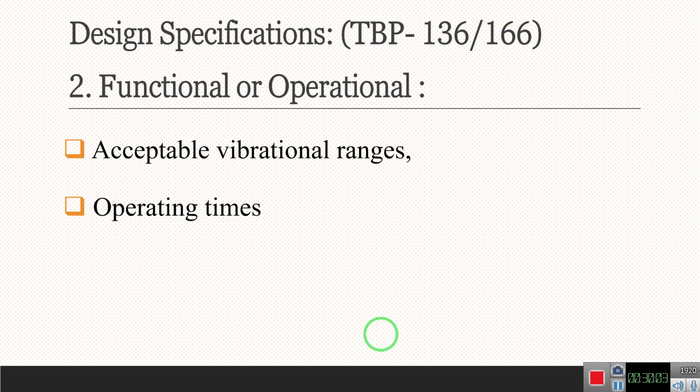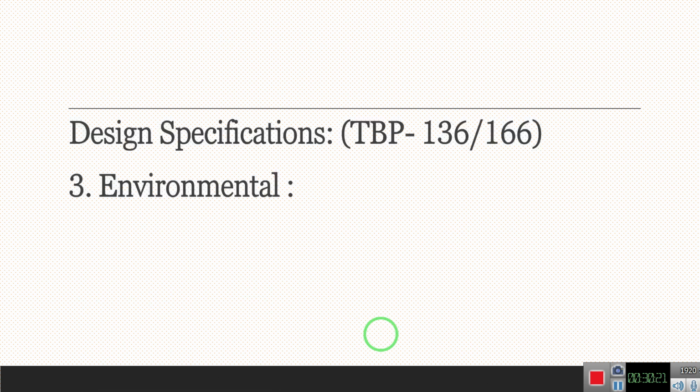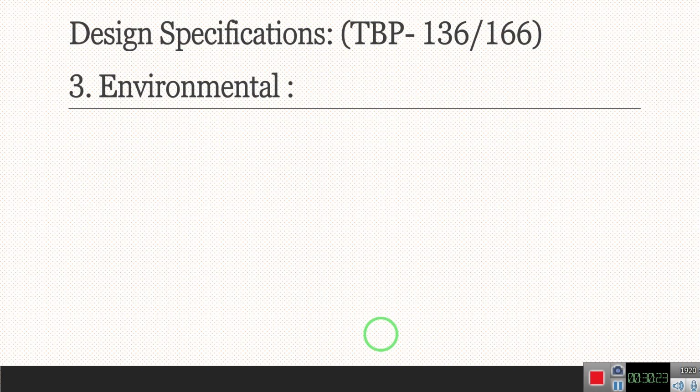Operating times, like the battery mentioned: it can be recharged 100 times, 150 times, or 200 times, not more than that. If more operating times are specified, it will be good for the product to sell fast. Now coming to the environmental: we have moisture limits. Your product should withstand the moisture in nature.